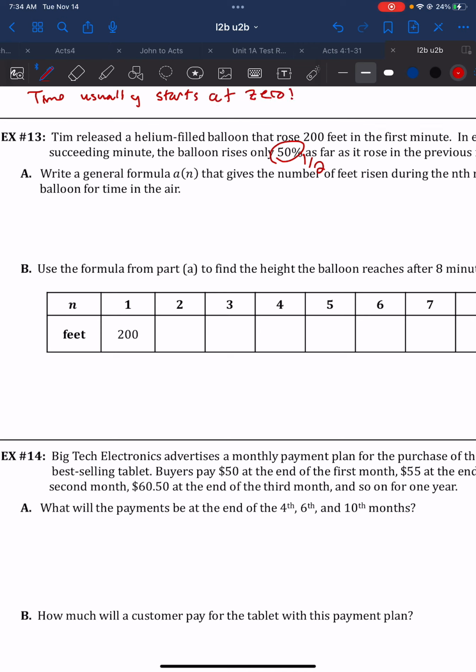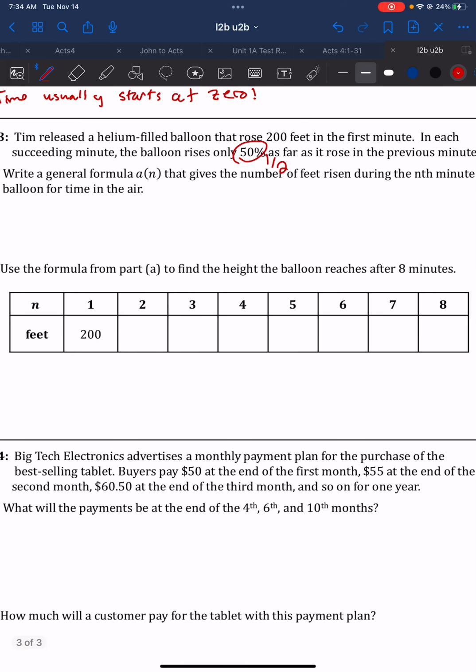Well, it does. But it says, important here, that it rose 200 feet in the first minute. So this tells me I'm working with term 1 this time instead of term 0. I'm starting at term 1. 200 is my term 1 here.